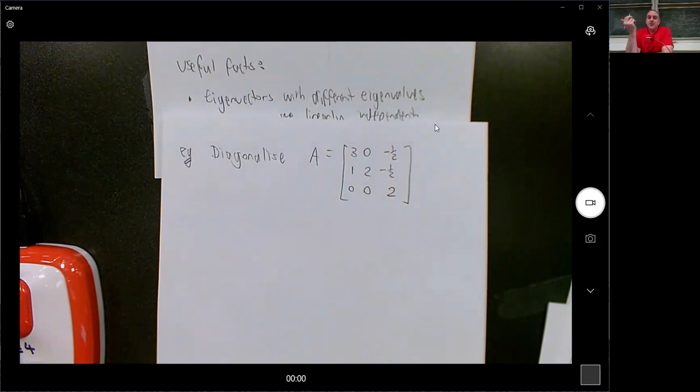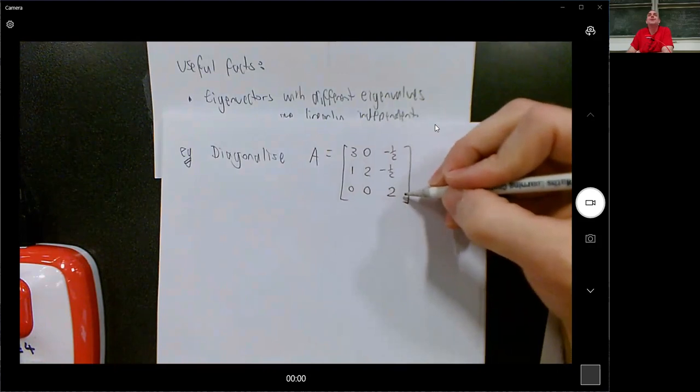In order to do that, I'm going to have to find the eigenvalues and the eigenvectors. I want to see if someone can guess one of the eigenvalues. Well, the eigenvalue is 2. Why? Because the bottom row is 0, 0, 2, and I think there is a rule somewhere about that.